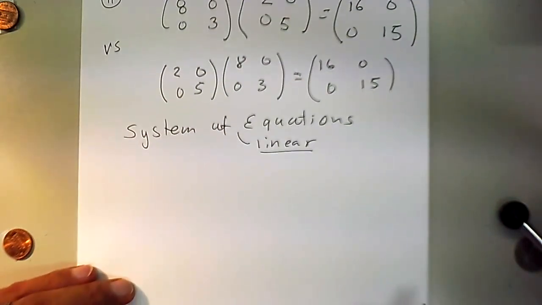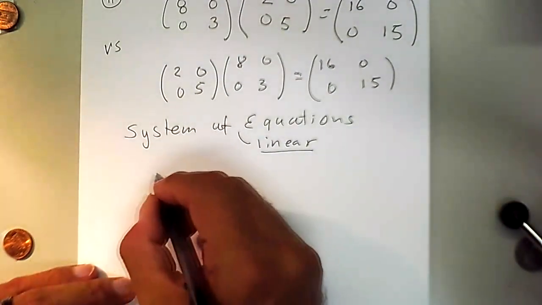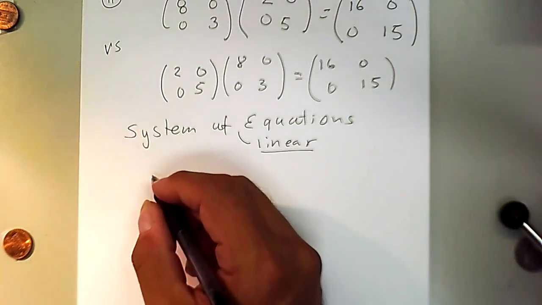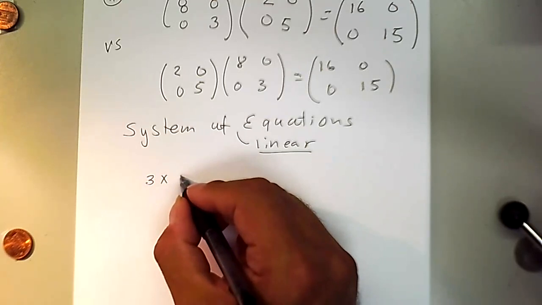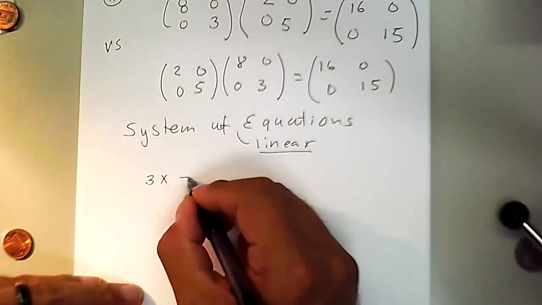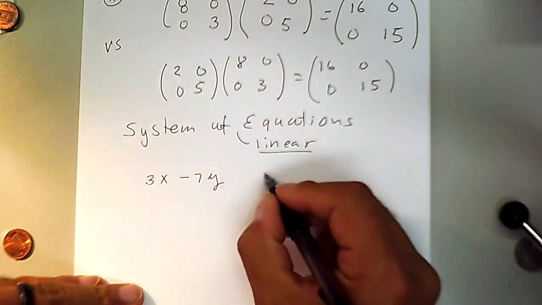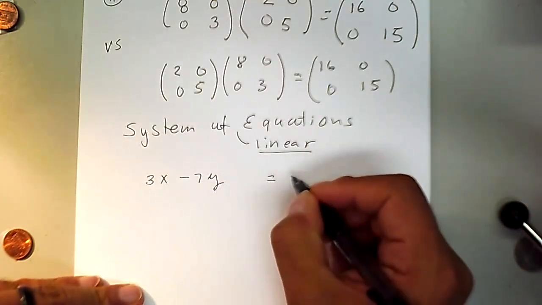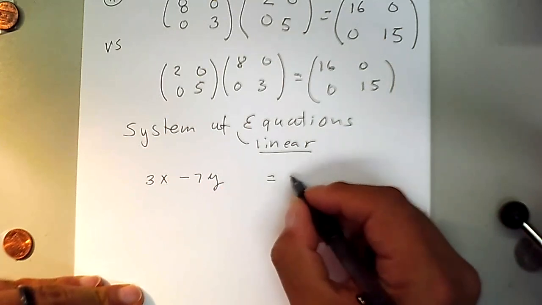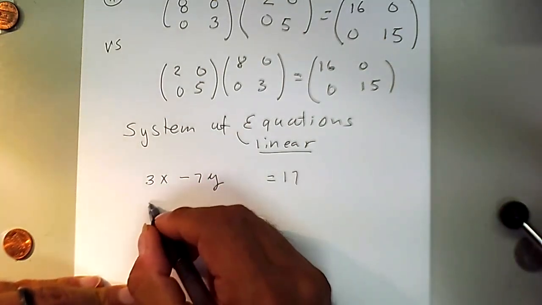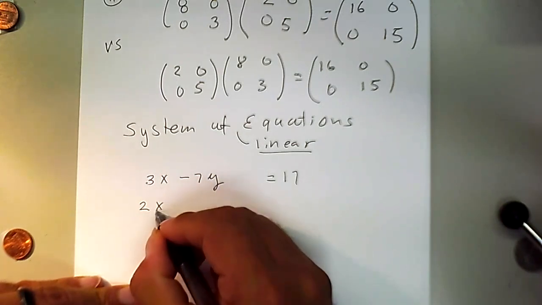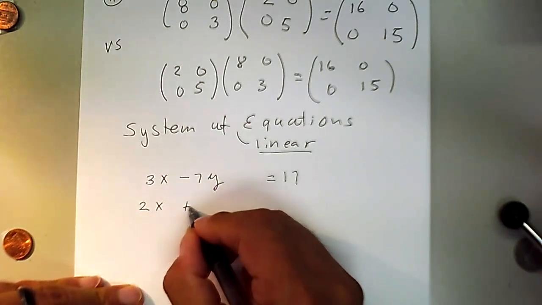So let's say you have 3x minus 7y equal to some random number such as 17, and then 2x plus 5y plus z equals 18.